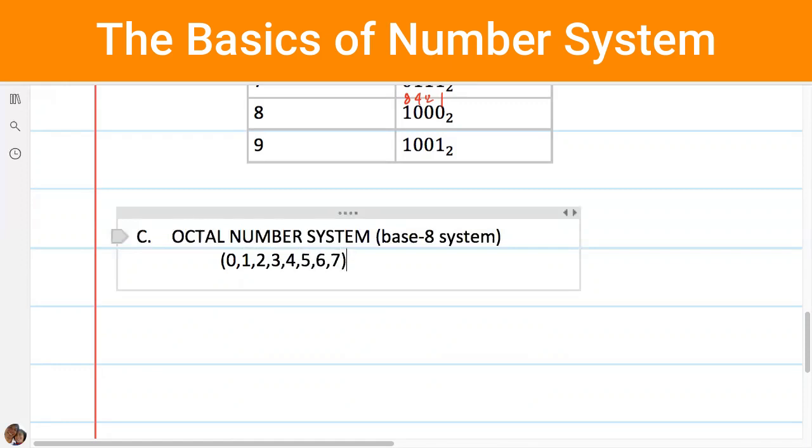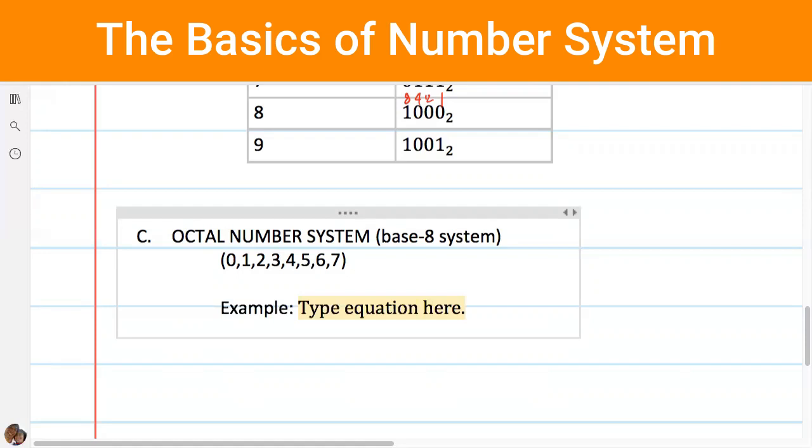These are the possible numbers in the octal system. For example, if I have here an octal number, let's say 32, base 8. What is this in decimal form?